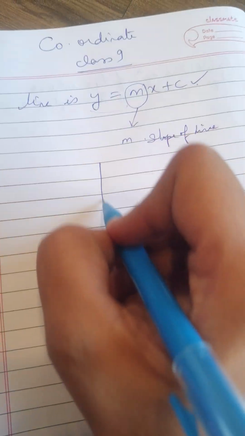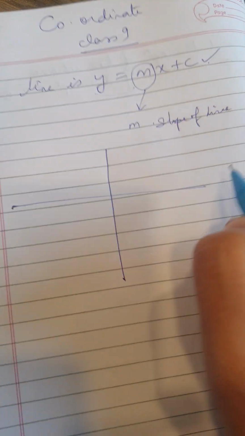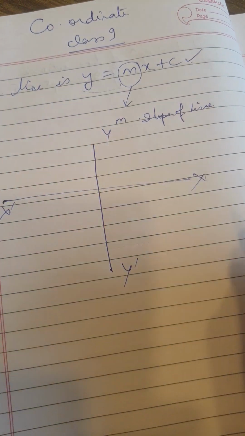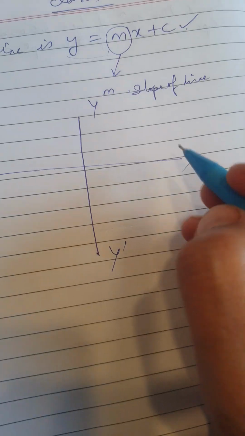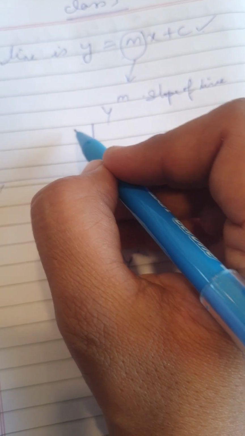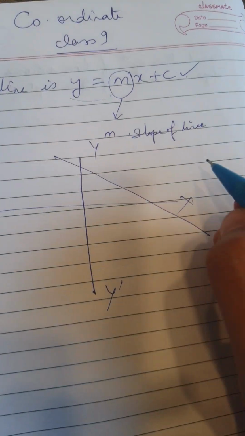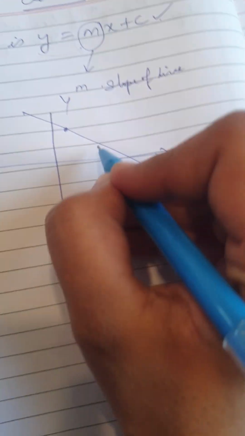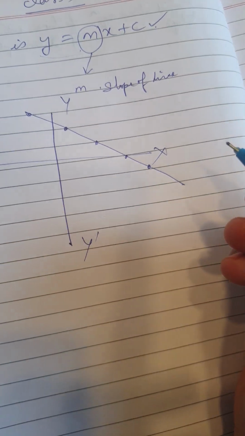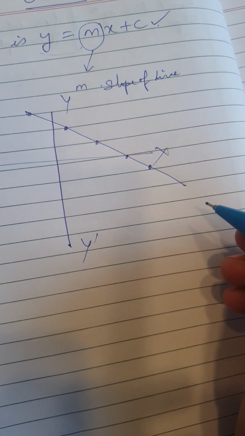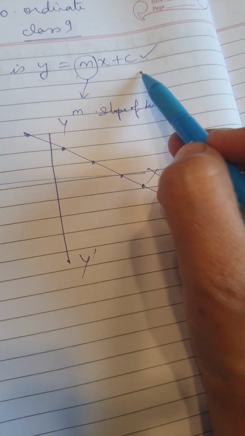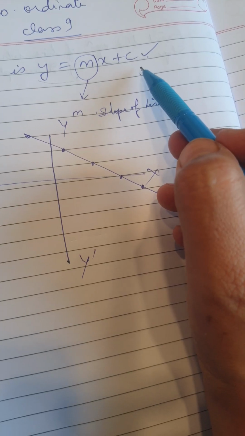Now here I would like to tell you what this slope means. Suppose this is your x and y axis. Whenever we plot some points of a line and join the points, we get a straight line, because this equation indicates the equation of a straight line.